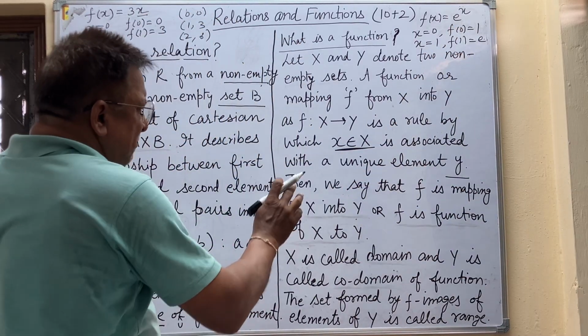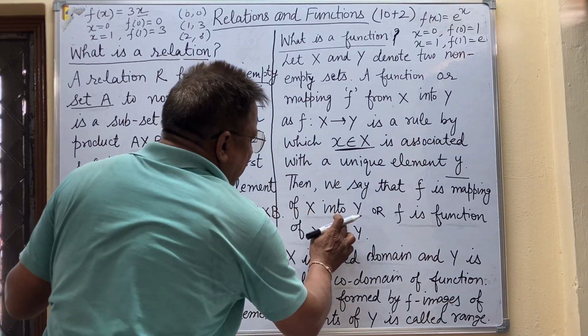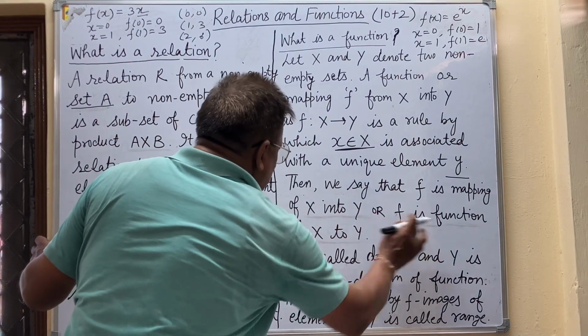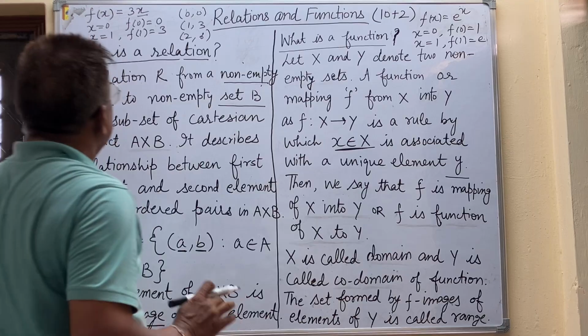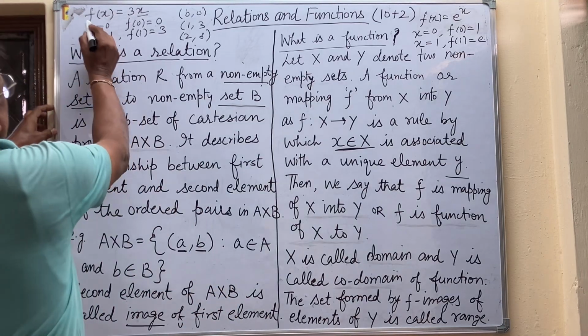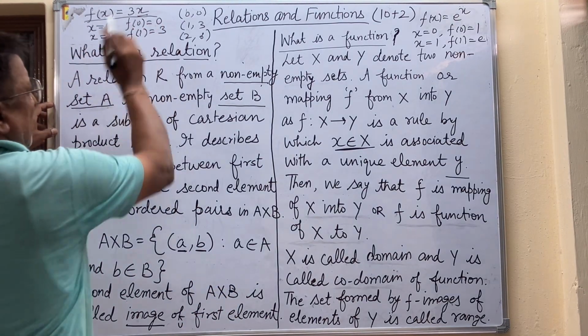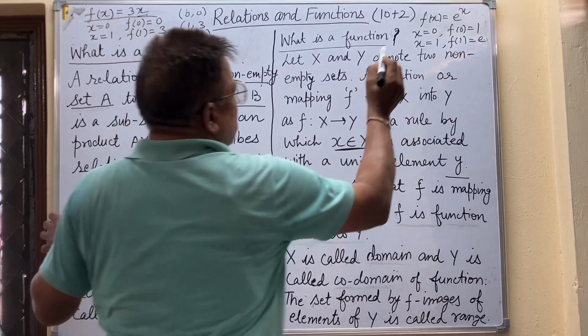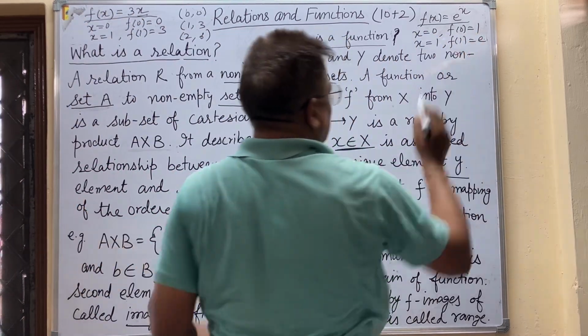We say f is a mapping of X into Y or f is a function from X to Y. These are examples of function. This one is an algebraic function. This is called an exponential function.